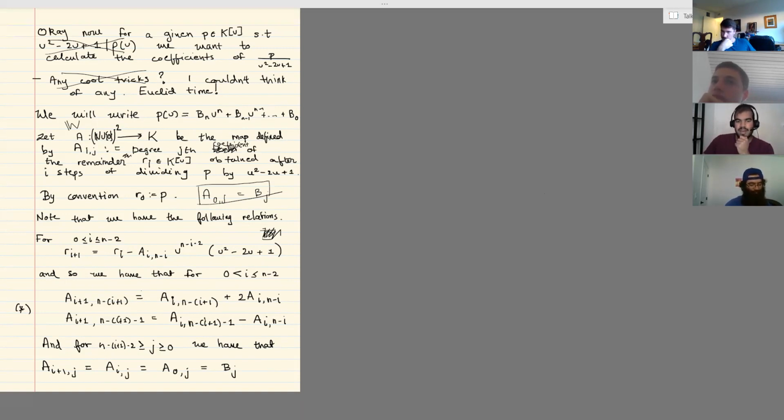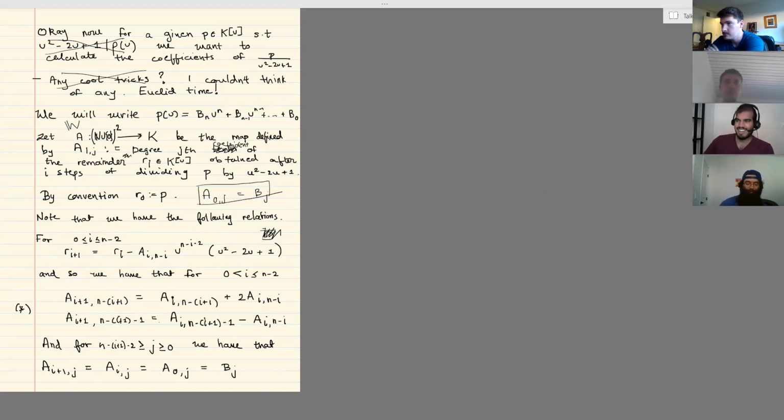Now we have the following relations. So the leading coefficient of the i plus 1th remainder is the penultimate coefficient of the ith remainder plus 2 times the leading coefficient of the ith remainder. The way I get these equations is I just expand this equation out, and then I use the fact that x to the j form a basis.